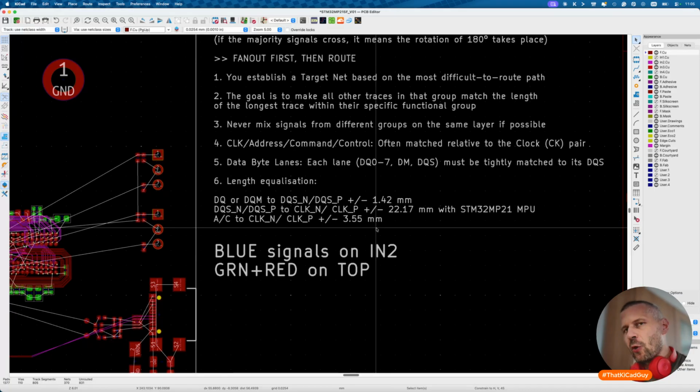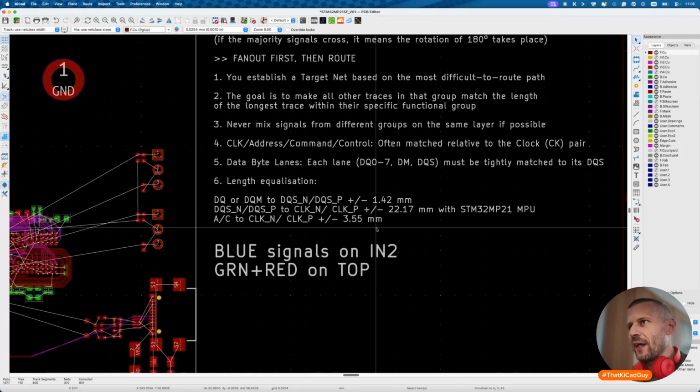But the strobe signal for the lower byte doesn't do anything with the data signals of the higher byte. So it means we have two groups. Group 1, D0 to D7, tightly matched to strobe 0. Group 2, D8 to D15, tightly matched to DQS1.